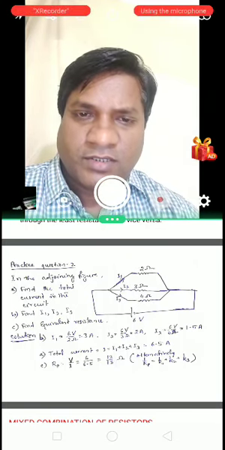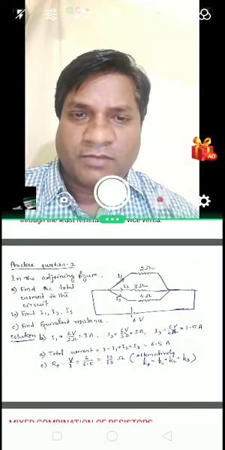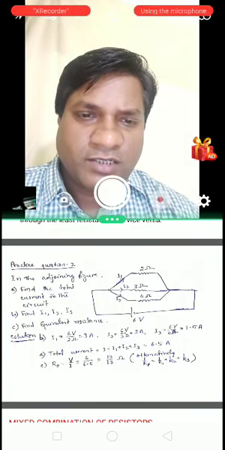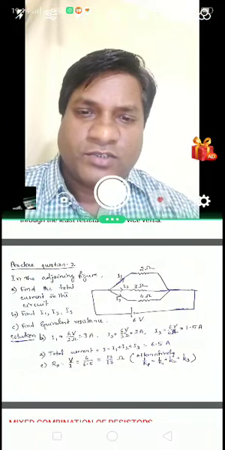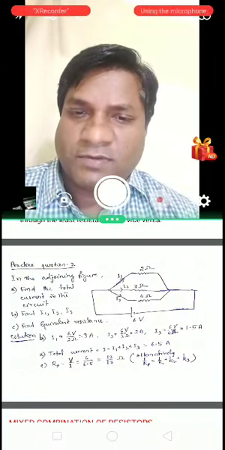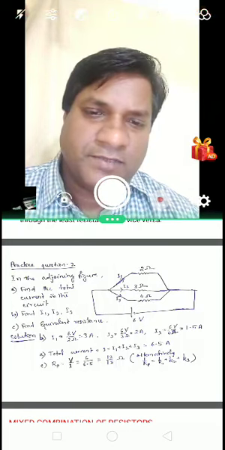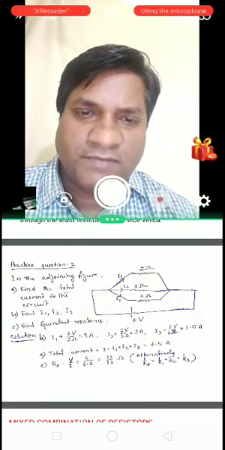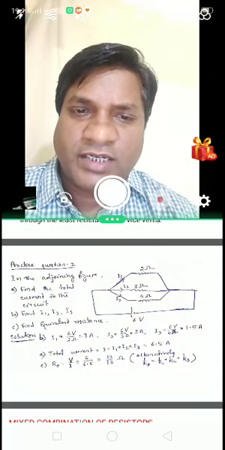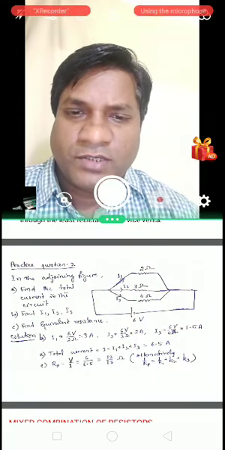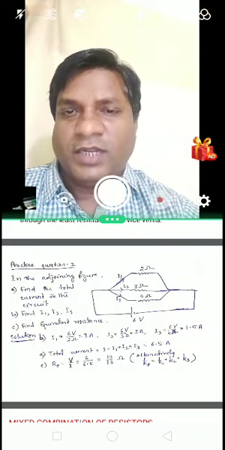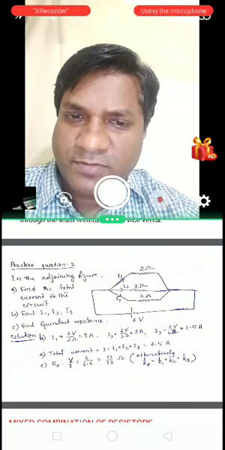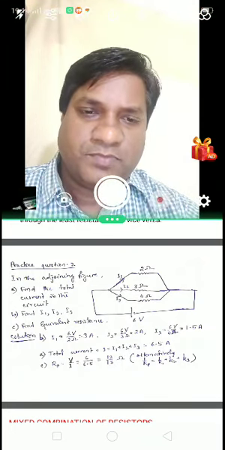Now come to the equivalent resistance of the parallel combination. This you can find out by two methods. Since we already obtained the total current, we can find the resistance from Ohm's law, that is V by I. Since V is equal to 6 volt, the potential difference, and the total current is 6.5 ampere, we got equivalent resistance equal to 6 volt by 6.5 ampere, that's equal to 12 by 13 ohm.